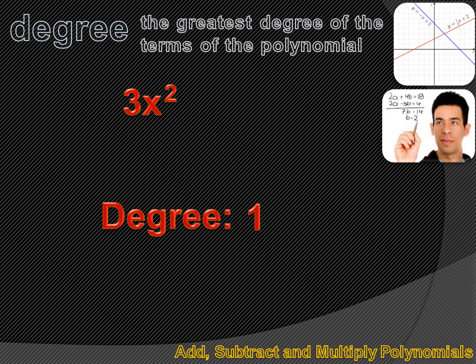Now my x is to the second power, and my degree would be 2. How about if I added plus 5x to the fifth? Well then, I've got an x to the fifth power and an x to the second power. The highest degree is the fifth power, so this polynomial would have a degree of 5.